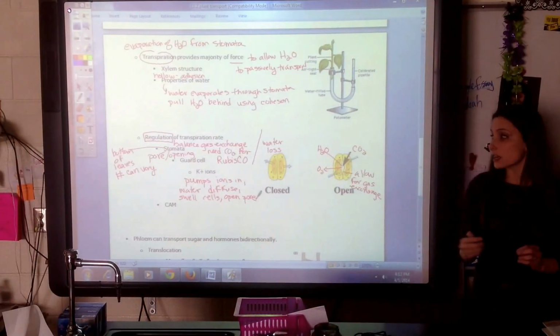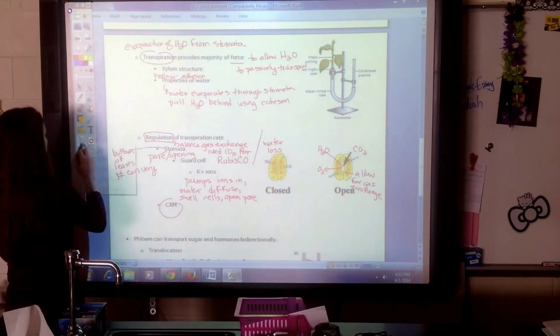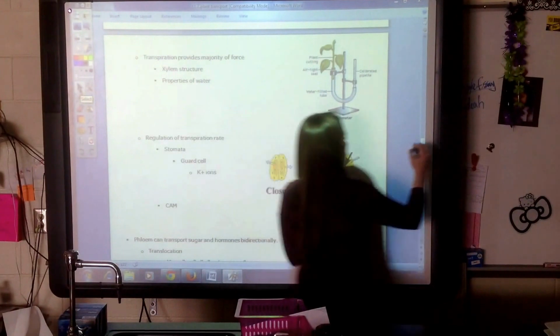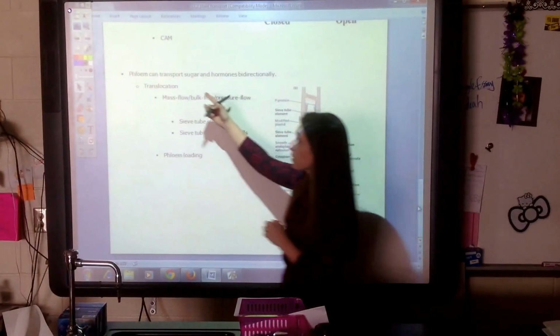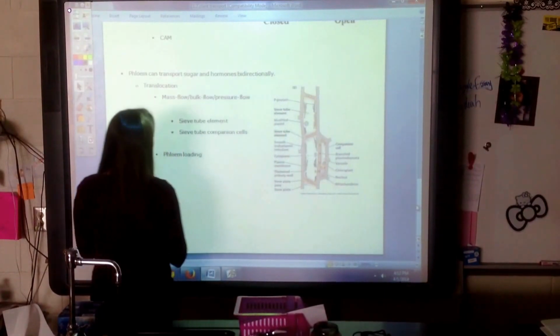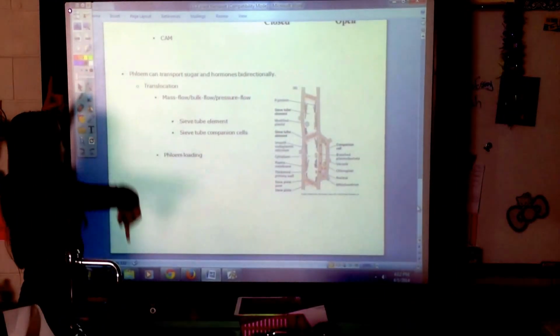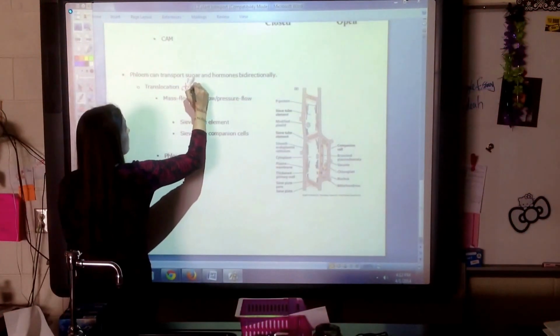However, the last part is on phloem. We do want to go back later and review what CAM plants do, closing the stomata during the day. But we quickly want to introduce the idea of phloem, which is the ability to transport sugar and hormones bidirectionally. So xylem up and phloem down, transporting sugars down from the leaves.